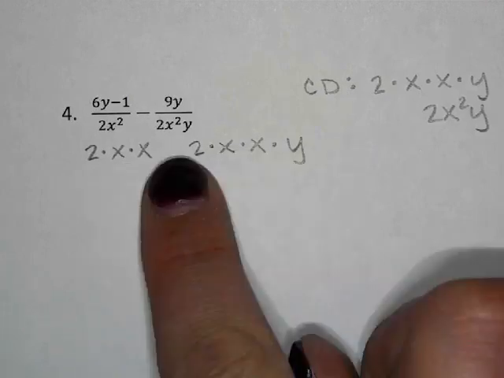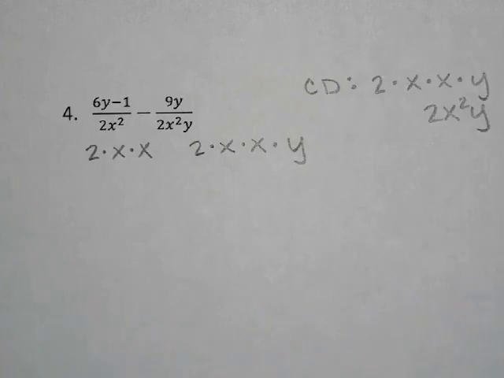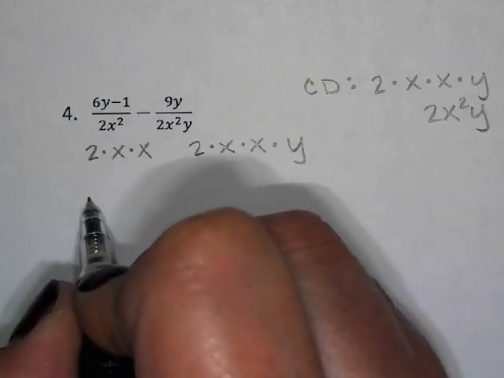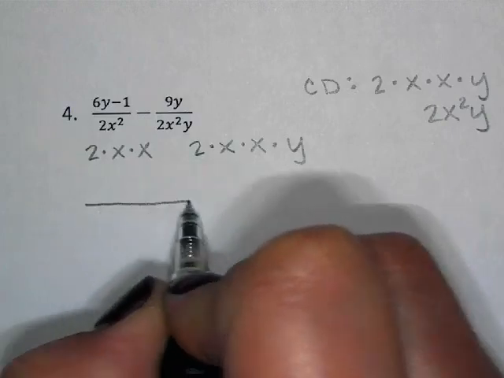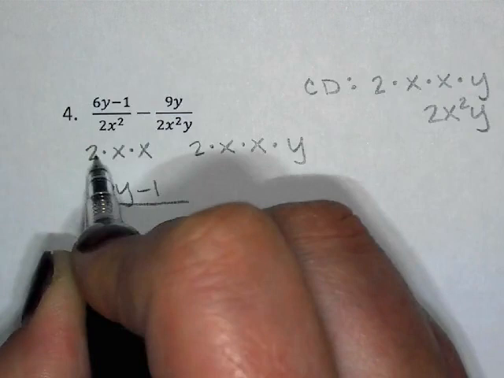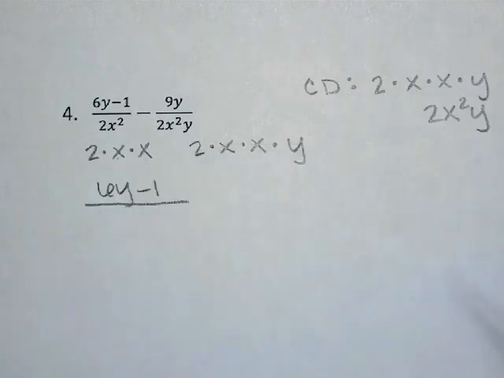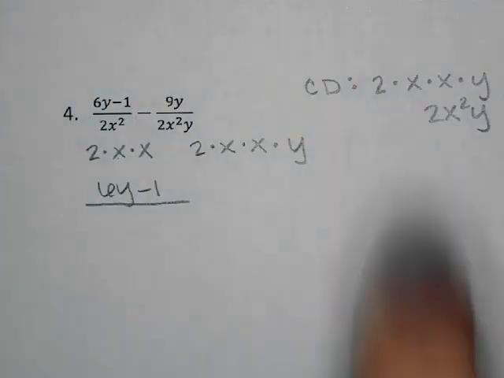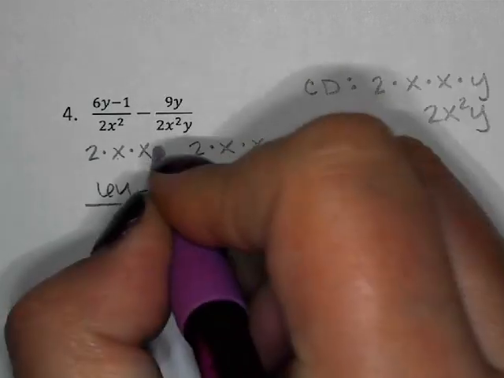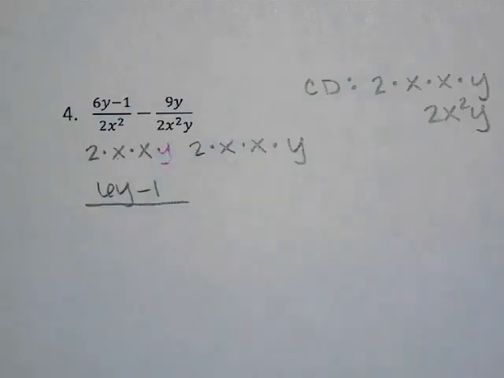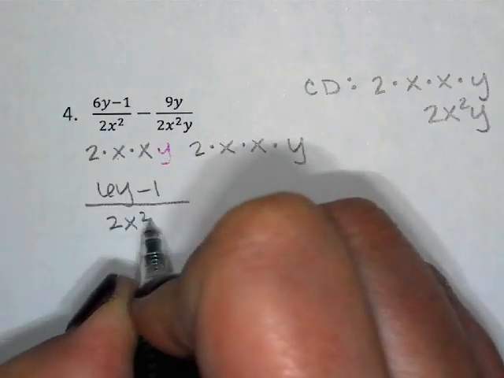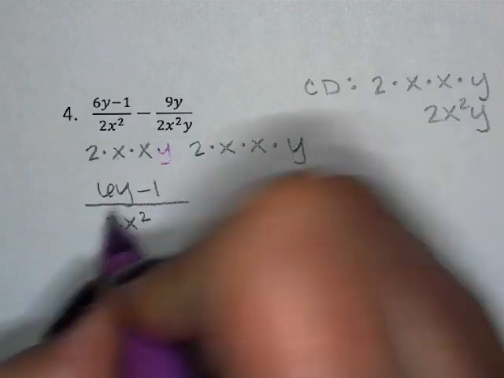So the first fraction has 2 times x times x. What does it need? A y. So we're going to say it is 2x squared, and we're multiplying it on the top and the bottom by y.